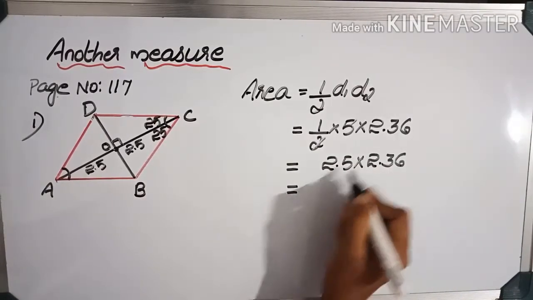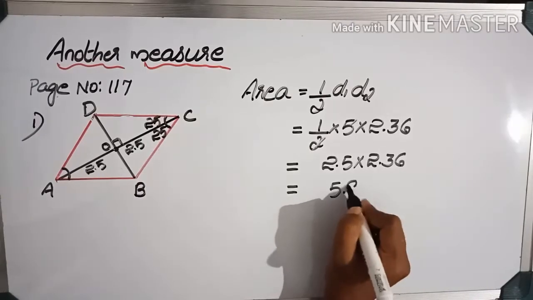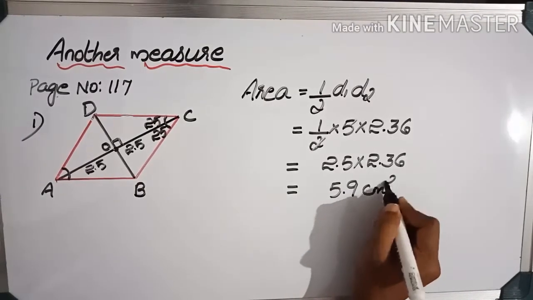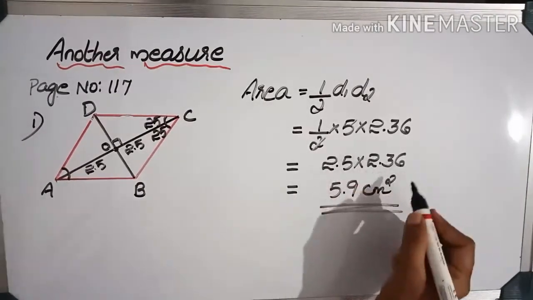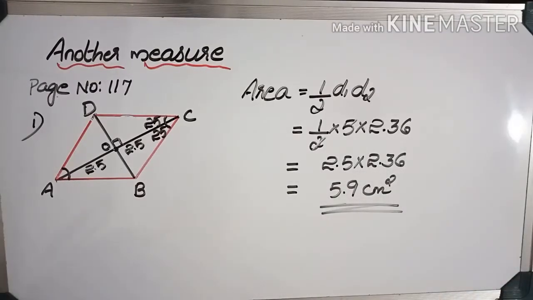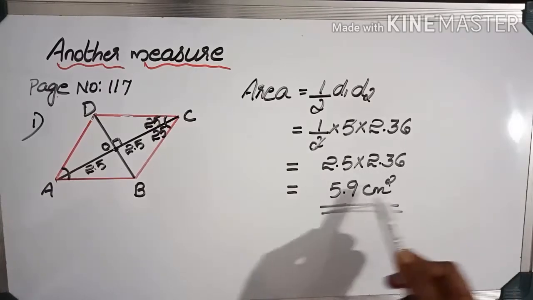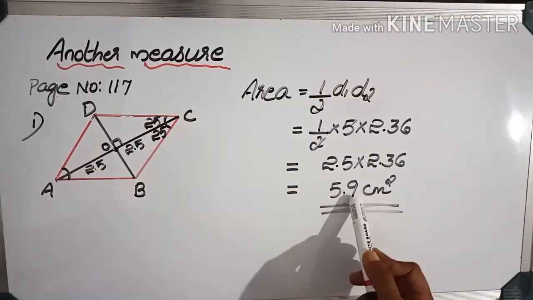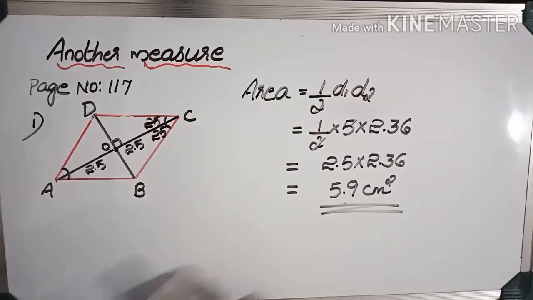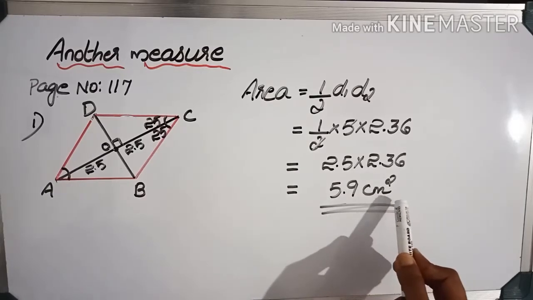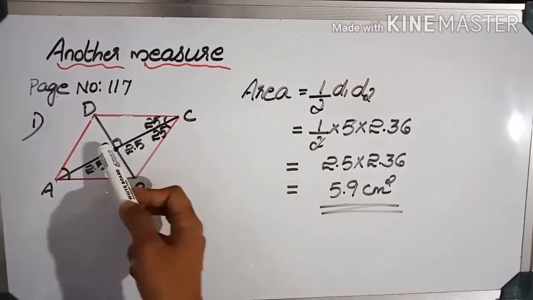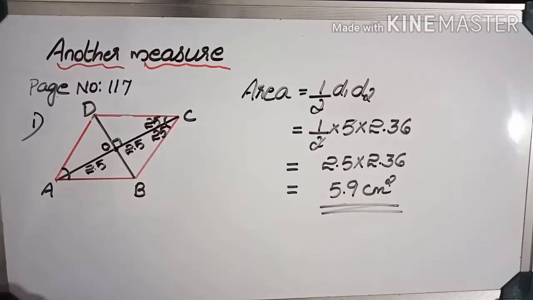When you multiply this you will get 5.9 centimeter square. 5.9 is the final answer after simplifying. Converting the whole answer into one decimal or two decimal is enough. So 5.9 centimeter square is the area of this particular rhombus. So this is the answer for first question.